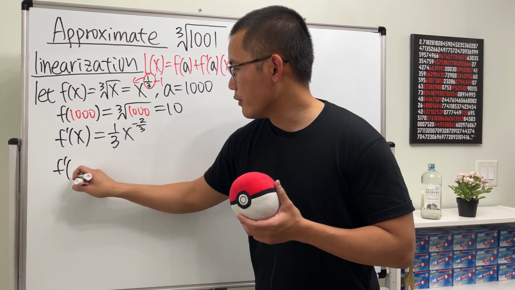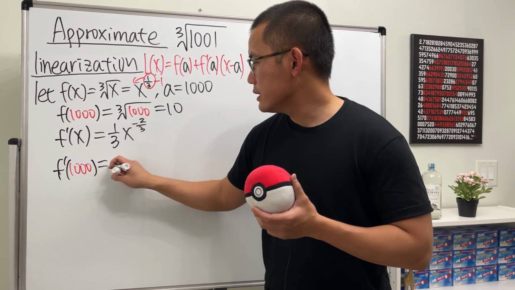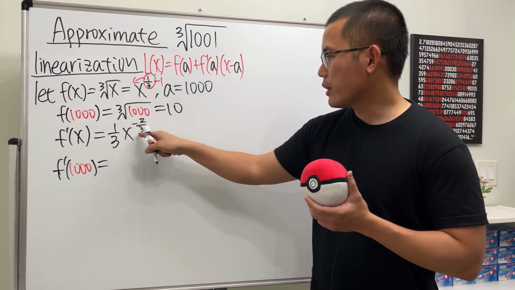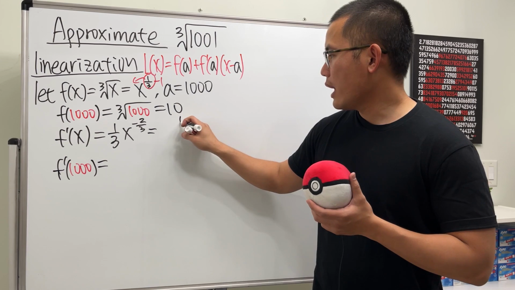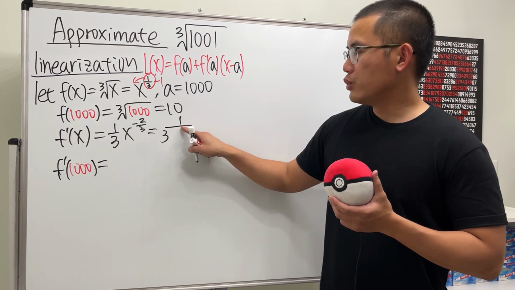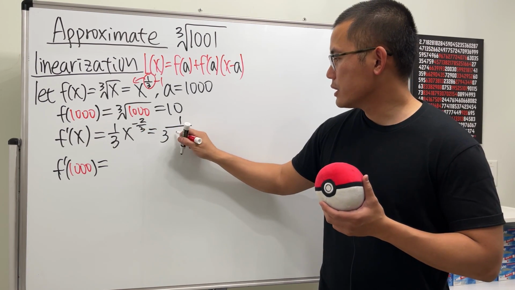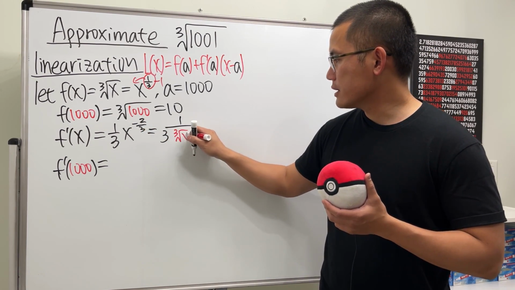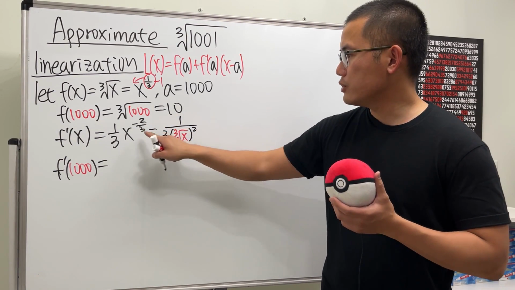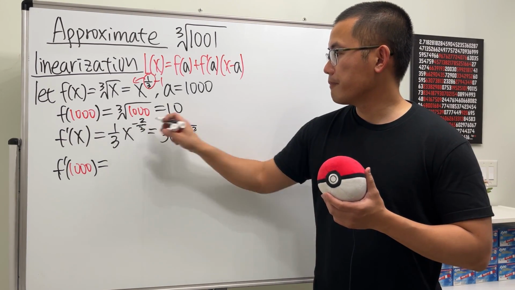So f prime of 1000 equals, and perhaps let's write this in a better form first. This is the same as 1/3 times x to the 2/3 power, but we can write this as the cube root of x first, and then take that to the second power. That's how you change this part to the radical notation.